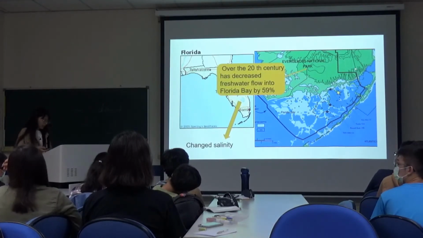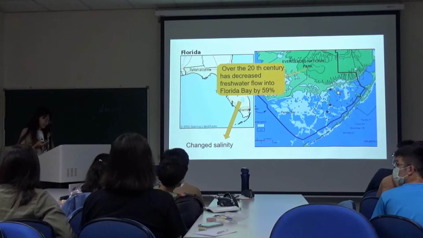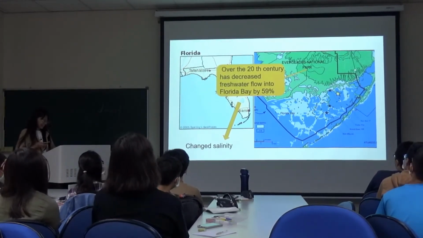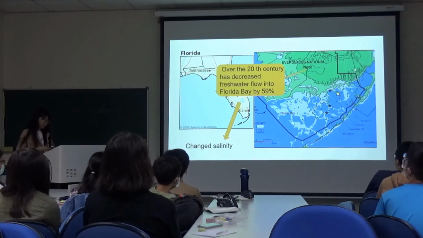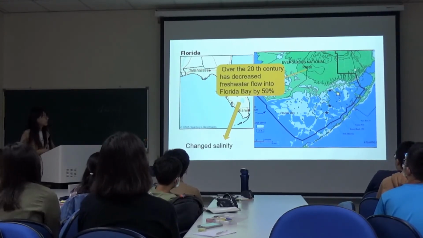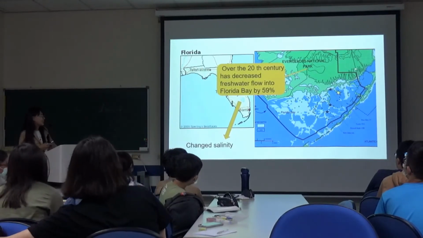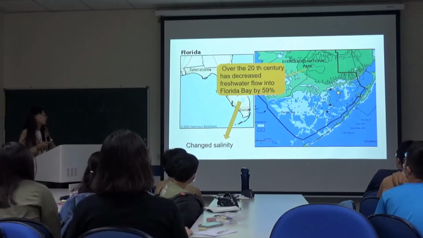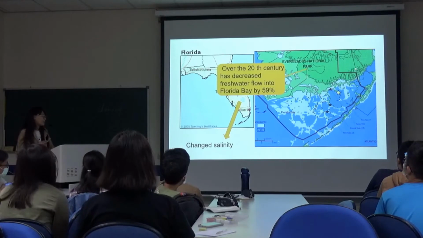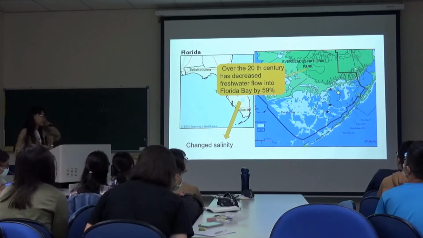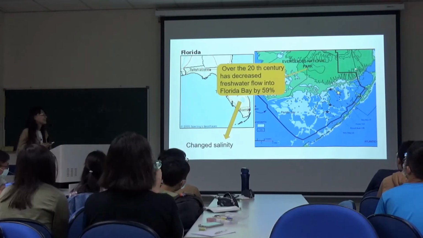Human activity through continued alteration in the drainage and flow of the Everglades over the 20th century has decreased freshwater flow into Florida Bay by 59%. It will change the salinity.